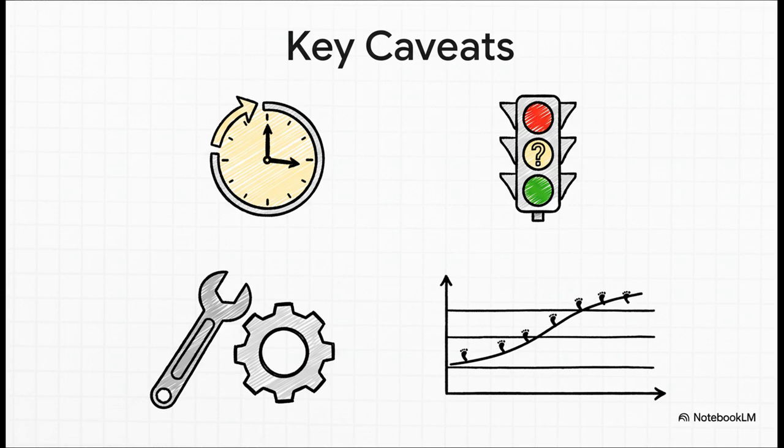It's like driving by looking in the rearview mirror. Second, they can totally give you false signals, especially when the market is really choppy. Third, those standard settings, they're not a one-size-fits-all solution. And finally, in a really strong trend, the price can just walk the band. It'll just hug that upper or lower edge for a long, long time, which can be a huge trap for traders. Trust me, relying on this tool alone is a recipe for disaster.